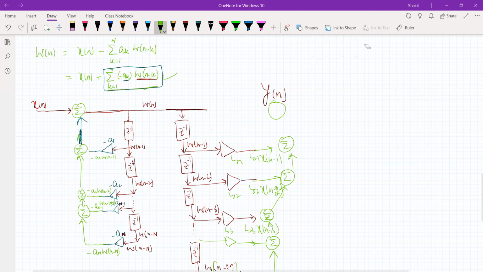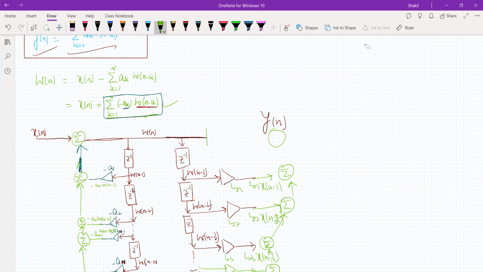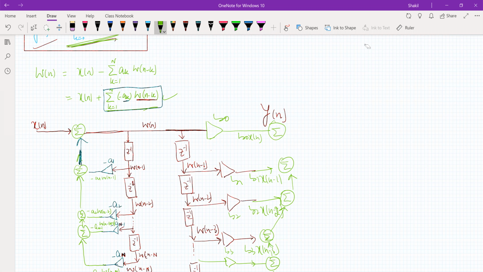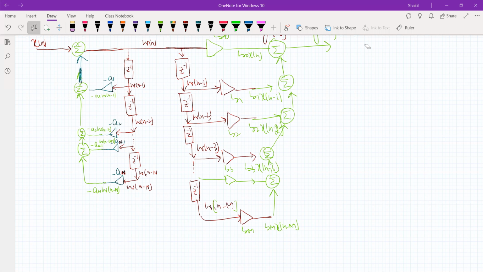Means there's Wn, pass it to B naught. So the output will be B naught x of n, that is embedded in this expression. Finally, we will obtain y of n, right? So this is our y of n.